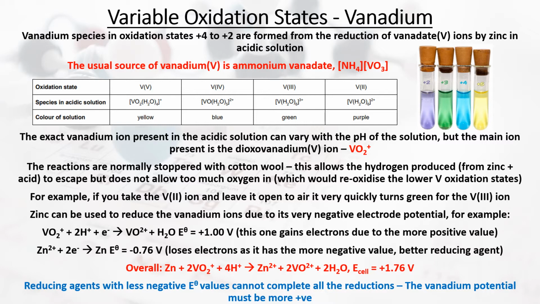Now, you can see here that the vanadium in the +5 oxidation state can also exist as VO2 (H2O)4+. Now, the exact vanadium ion that's present can vary with the pH of the solution. It can vary with what the reducing agent that we use is. But typically, the main ion is this one called the dioxovanadium ion. Again, it's vanadium in the +5 oxidation state.